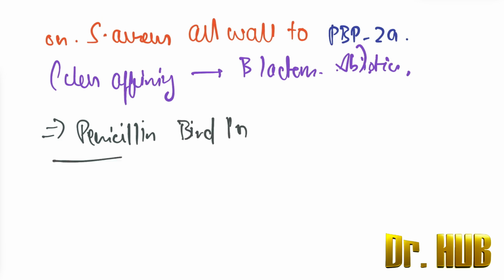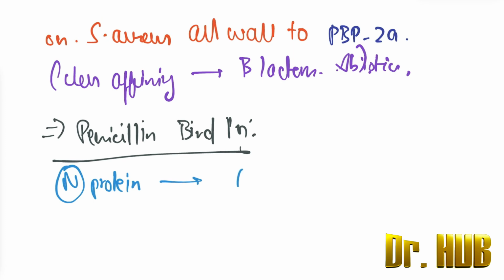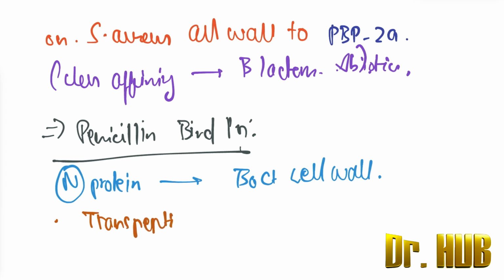The penicillin binding proteins are the normal proteins present in the bacterial cell wall. Next, they are transpeptidase in nature.